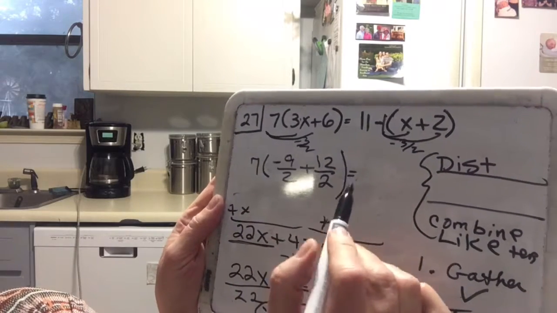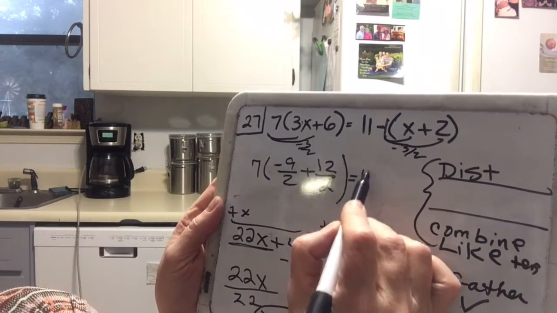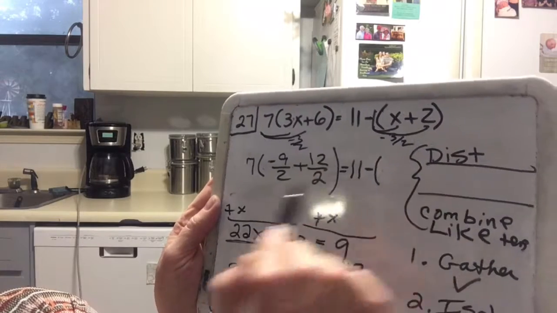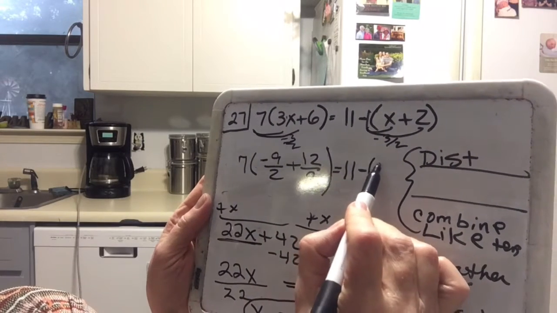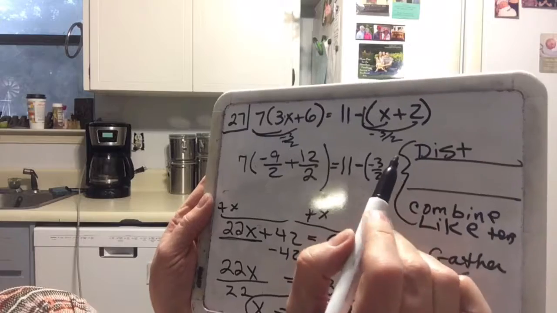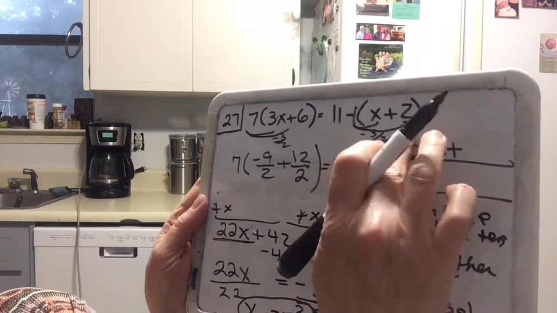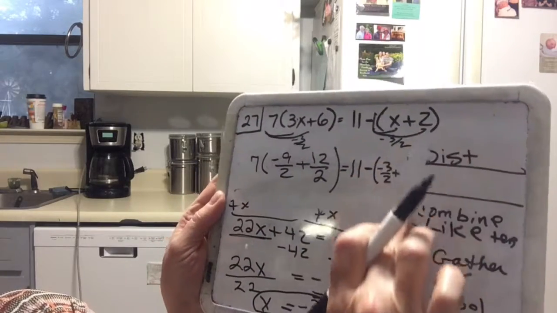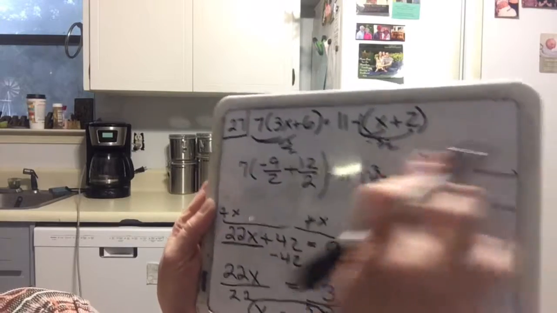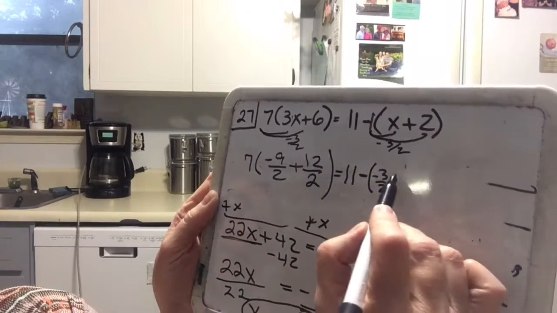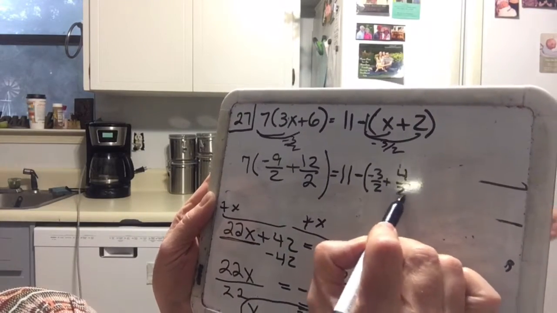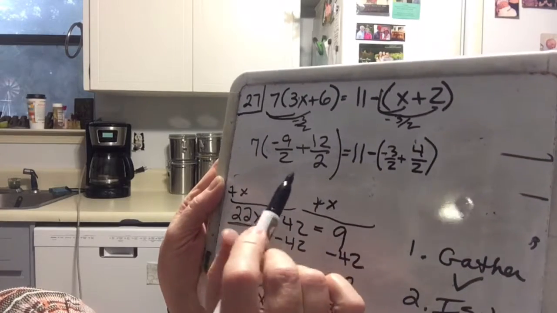Over here on the other side, I'm going to get 11 take away negative 3/2, plus 4/2.